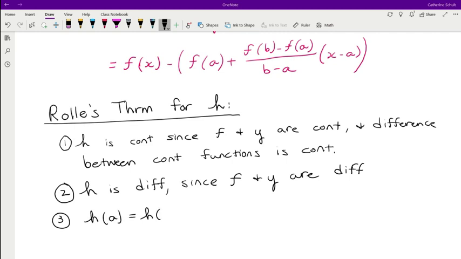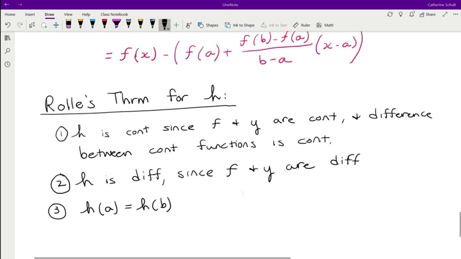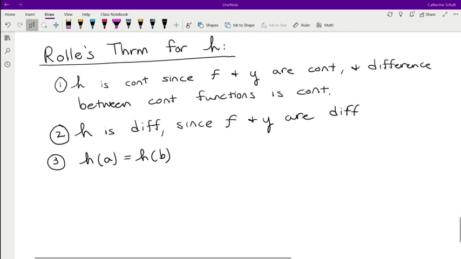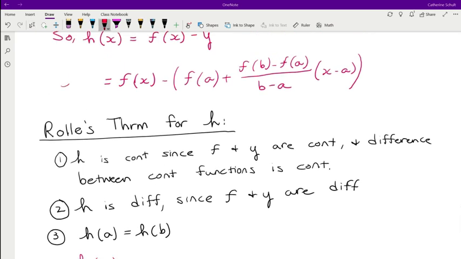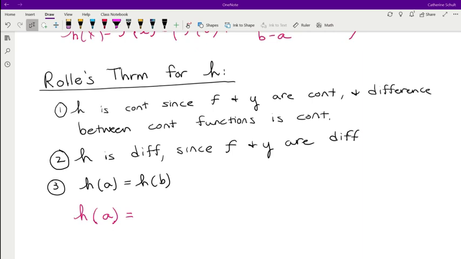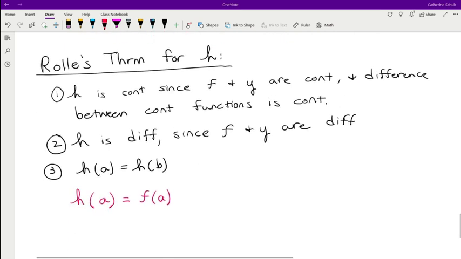And then if you didn't believe that, we can always plug it in. So we'll do a little scratch work. h of a is equal to, here's our function for h of x, right? So f of a minus f of a, we'll get rid of the parentheses as we go.